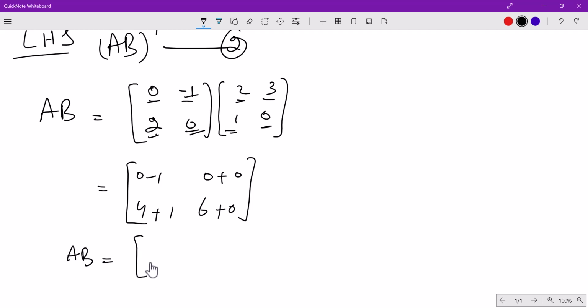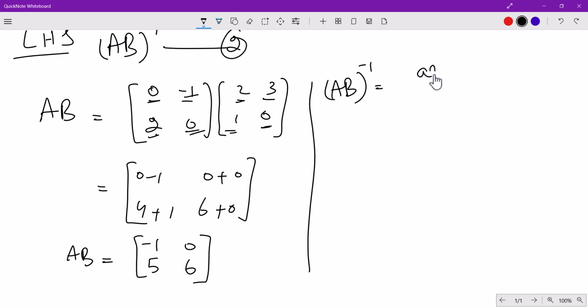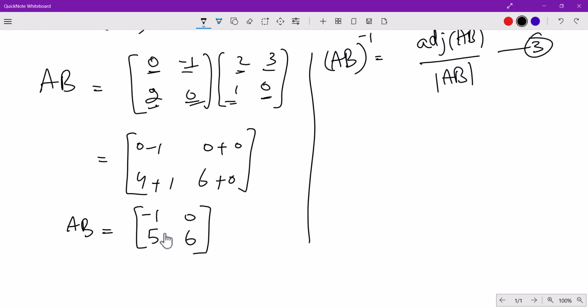So AB is equal to [-1, 0; 5, 6]. Now we find (AB) inverse, which is equal to the adjoint of AB divided by determinant of AB. This is equation number 3. Now we find the determinant of AB, which is equal to minus 1 multiply 6 minus 6, 5 multiply 0 minus 0, which is equal to minus 6.